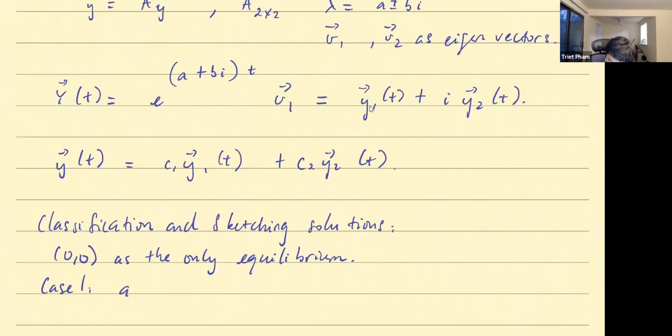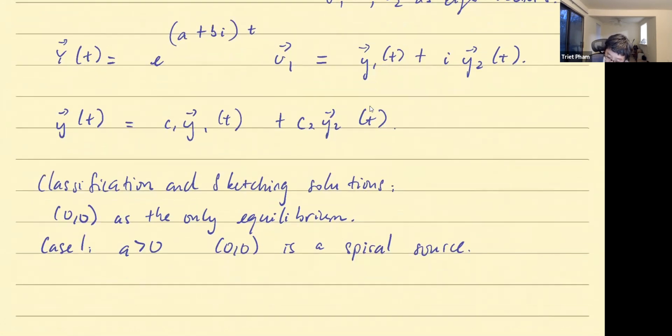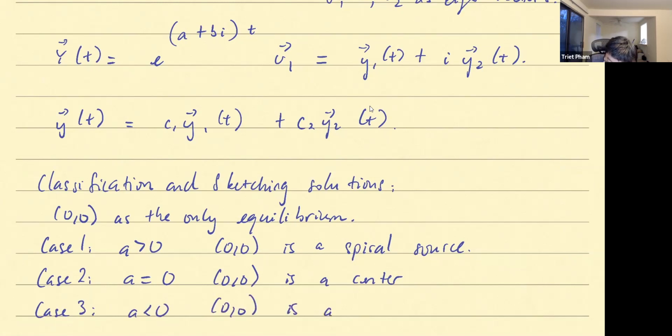Case 1: when a is positive, the origin is a spiral source, and of course the solution goes out. We won't give the sketch; you saw that before. If a equals 0, then (0, 0) is a center. And if a is negative, then (0, 0) is a spiral sink.